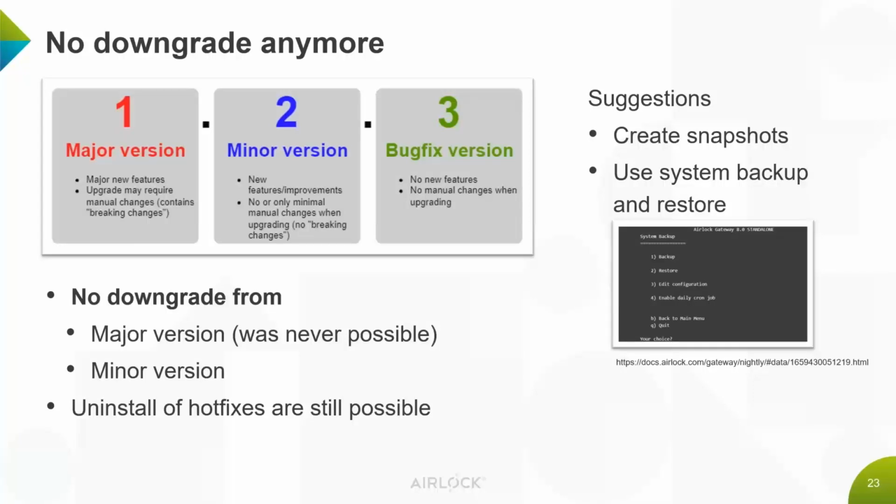So don't worry, if we publish a hotfix, you can still uninstall it if it does not work in your environment. As a suggestion, create a snapshot if it's a VM to have an easy way to roll back, or use the system backup feature we have in the menu.